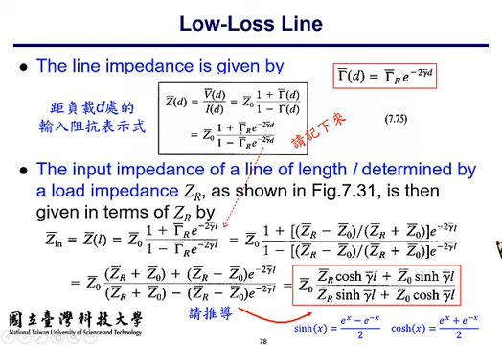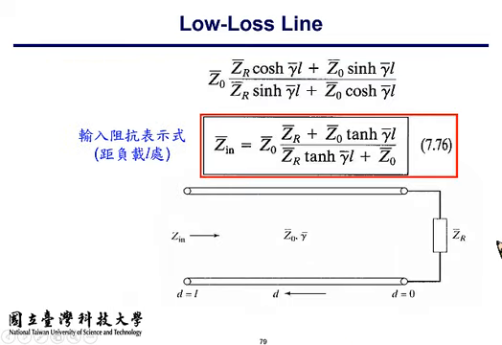You still have Z_R and Z sub 0, however the order of hyperbolic sine and hyperbolic cosine are swapped. Then you divide the denominator and numerator by hyperbolic cosine. Once you divide the top and bottom of the equation, you end up with hyperbolic tangent. So it's Z_R plus Z sub 0 hyperbolic tangent of gamma L, divided by Z_R hyperbolic tangent of gamma L plus Z sub 0.